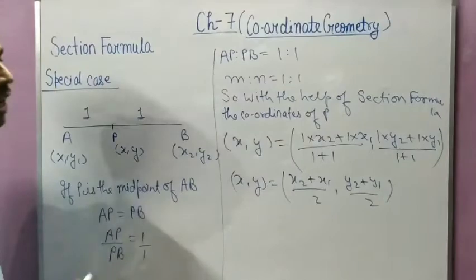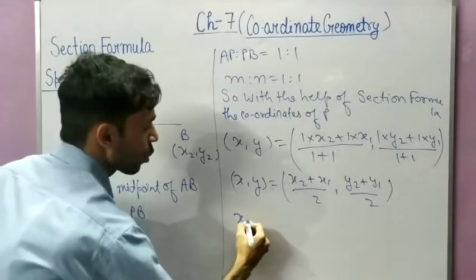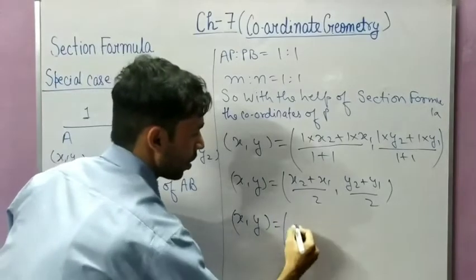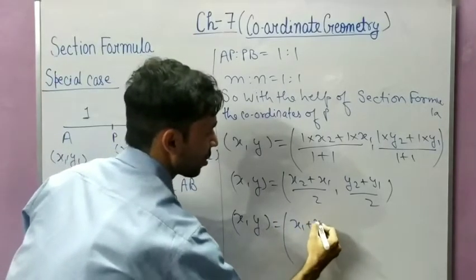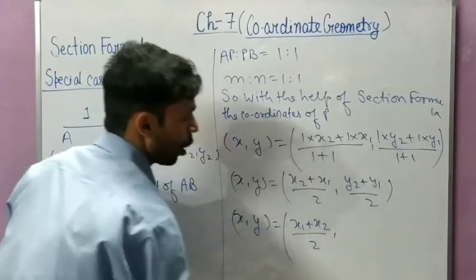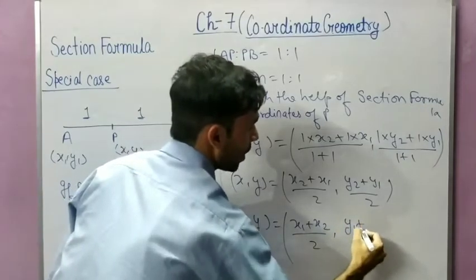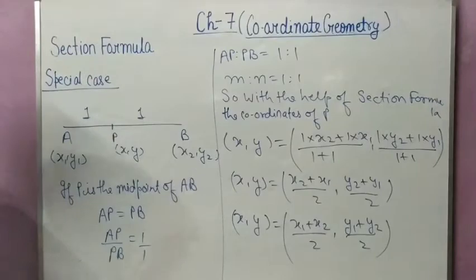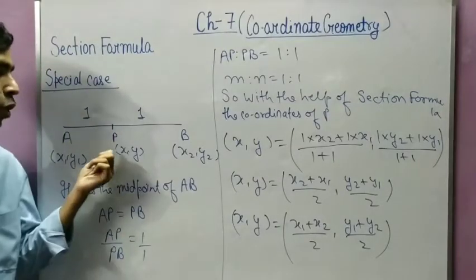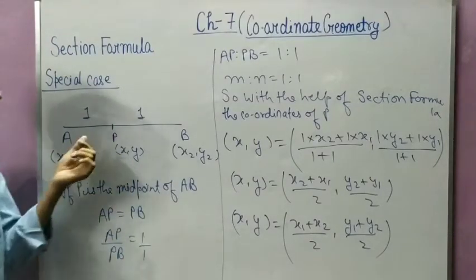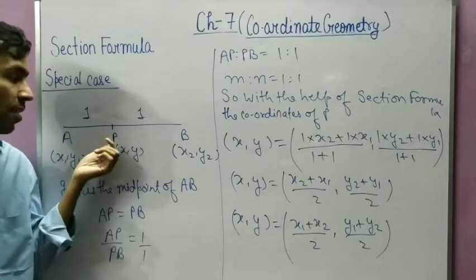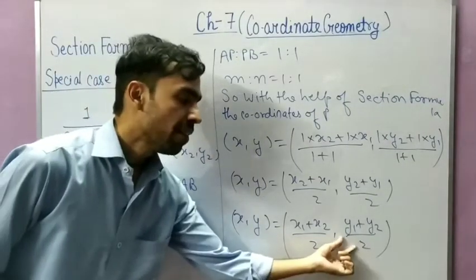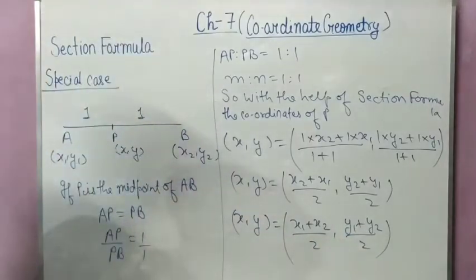Or when you write in sequence, x, y will be equal to x1 plus x2 by 2, y1 plus y2 by 2. So in this case, the coordinates of point P, which are x and y, are equal to x1 plus x2 by 2 and y1 plus y2 by 2.